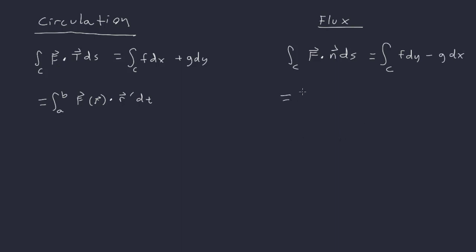And it comes out to be the integral from a to b of f of r dot, instead of r prime, it's a flipped around r prime. It's y prime, comma, negative x prime dt. Now, other than this, the mechanics are almost the same, right? We still have to find all the same stuff. We just have a subtly different vector here.